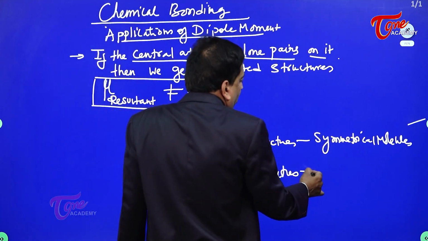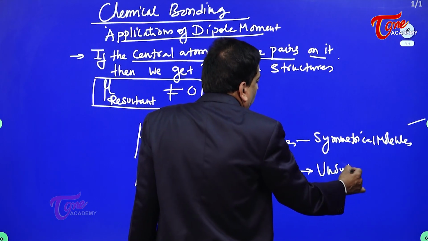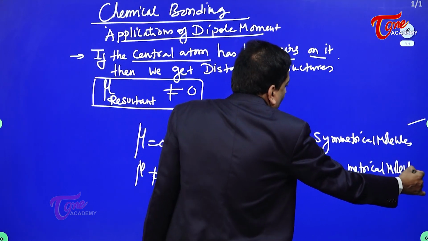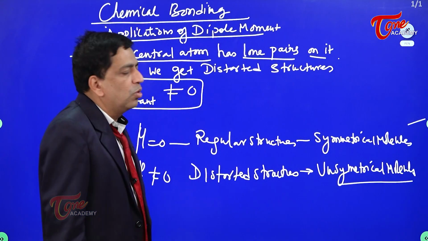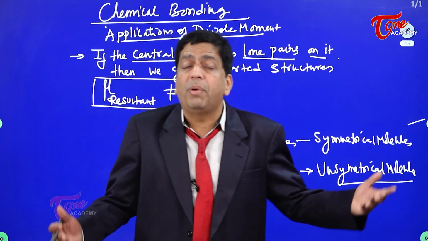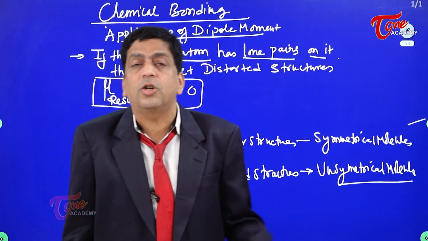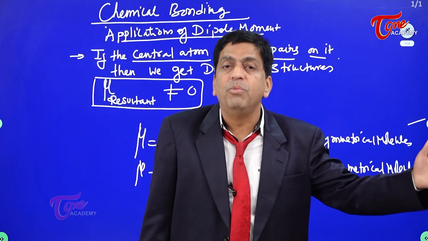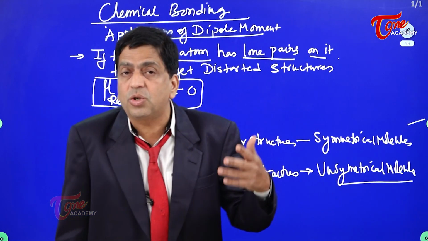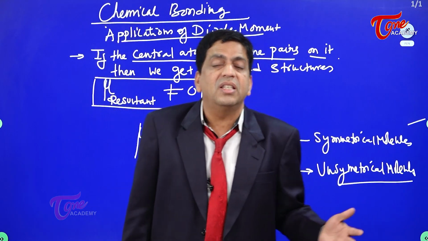Then the molecules are said to be unsymmetrical molecules, you must understand. In such a case, the mu resultant will prevail. There is absolutely no other vector to cancel it. Such molecules having distorted shapes are called unsymmetrical molecules.